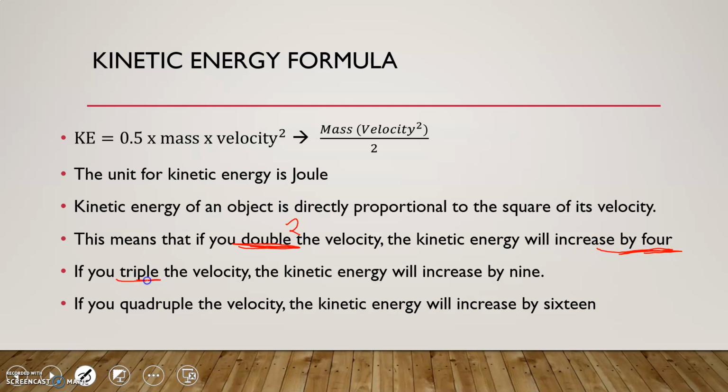If you triple the velocity, 3 squared is 9 times the kinetic energy. And if you quadruple it, 4 squared is 16 times the kinetic energy. So again, kinetic energy is directly proportional to the square of its velocity.